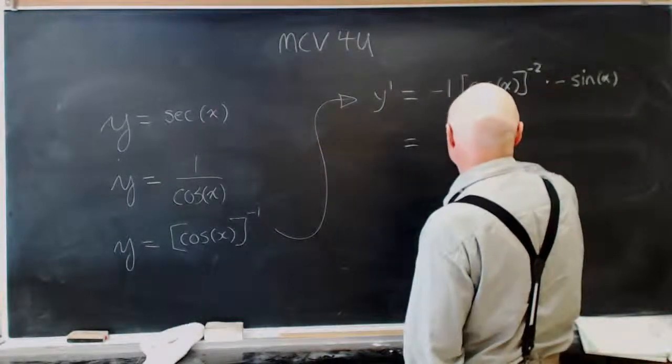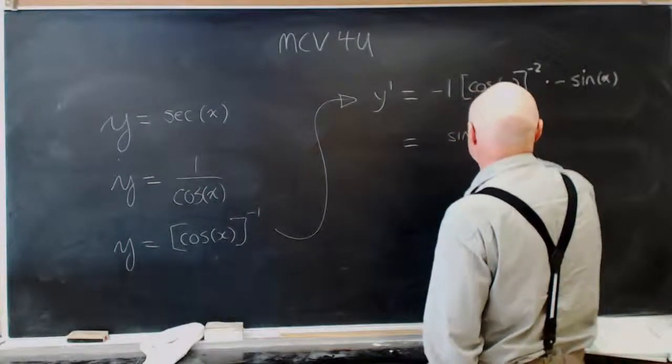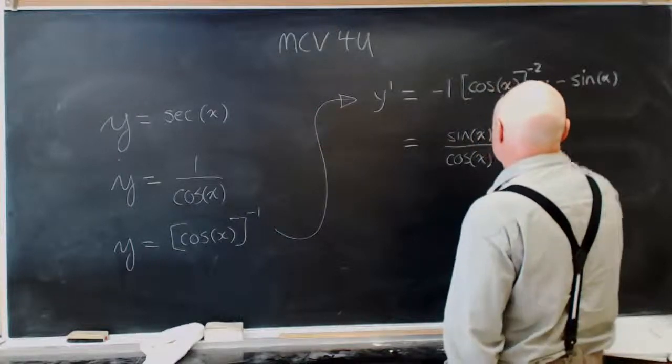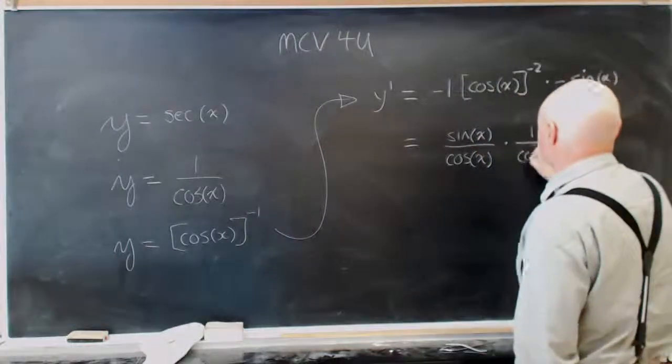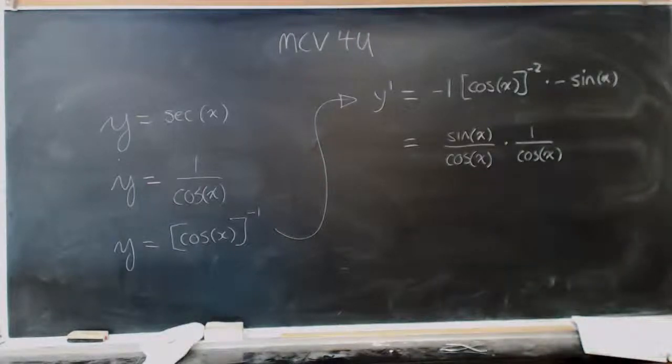Negative times a negative is a positive, so this is going to be sine of x over the cosine of x squared, times 1/cosine of x. Yeah, you're right. It's sine over cosine x squared.